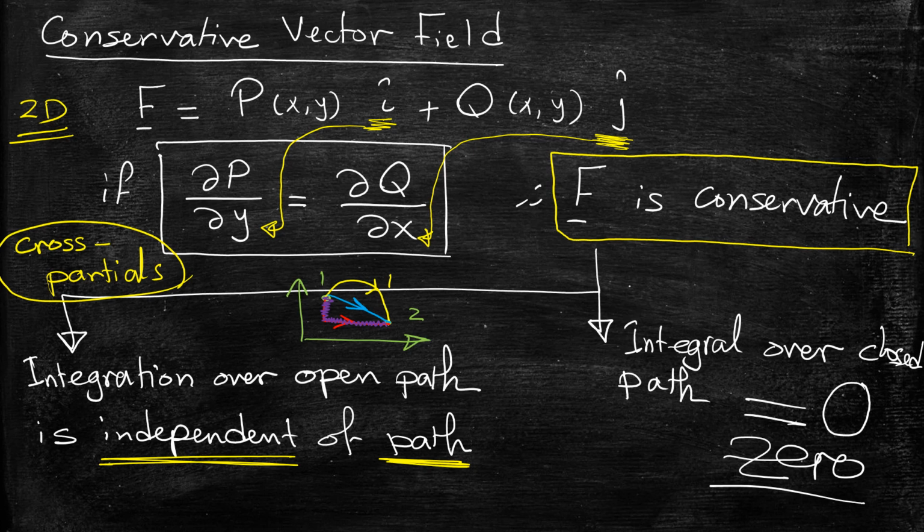We can check this shortly. The other part, which is also very helpful, is if we are doing closed path integration. So our path starts from one point, rotates in some direction and returns back to the same point. If our path of integral is closed, then the integral over this closed path equals 0.